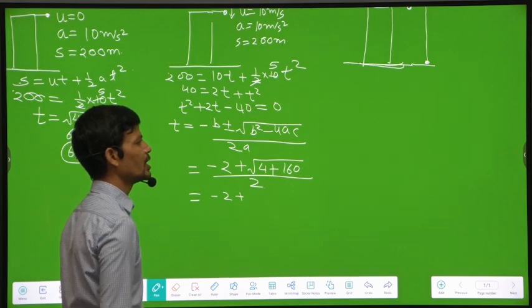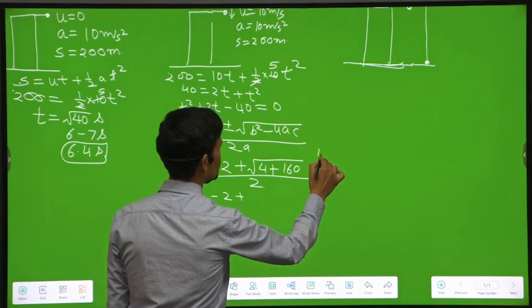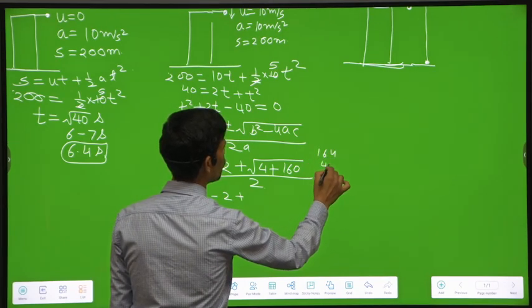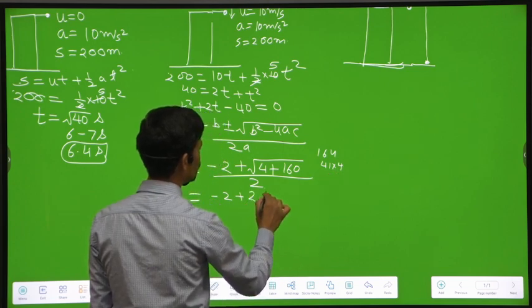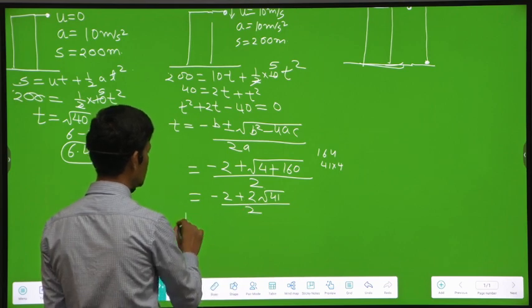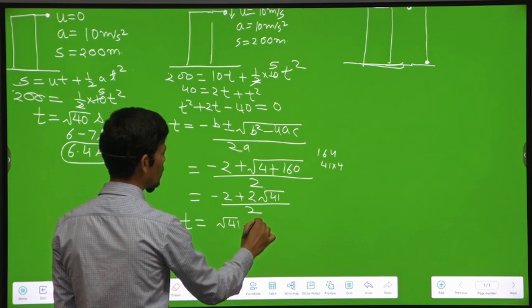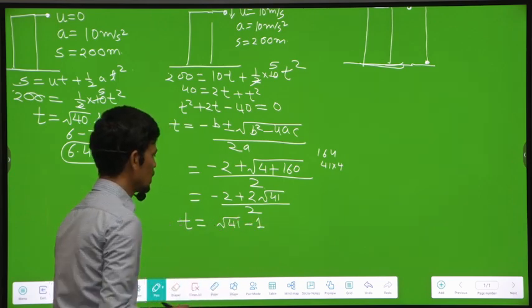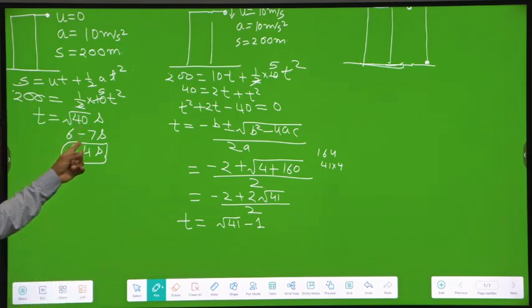164 can be written as 41 multiplied by 4, so we can write it 2 root 41, and finally the 2 will get cancelled, root 41 minus 1. So there was 40, which I told you is between 6 and 7.